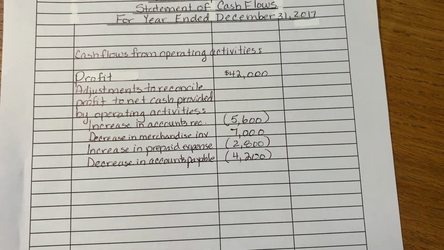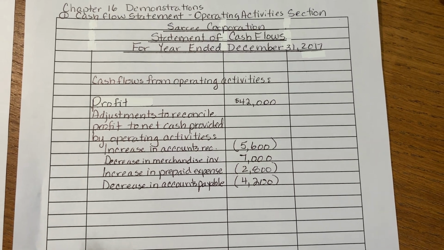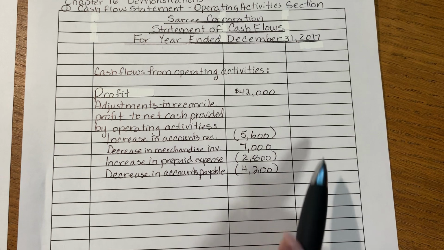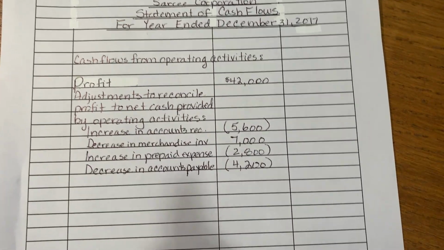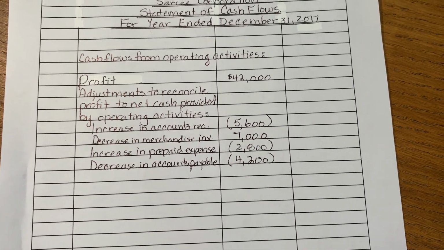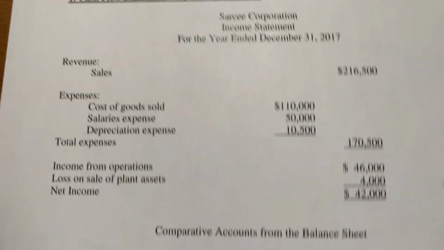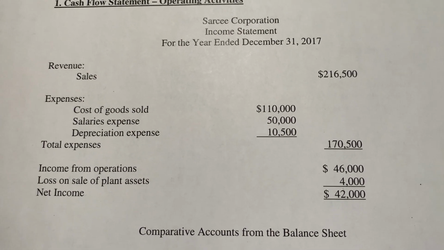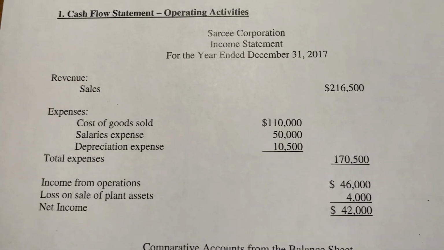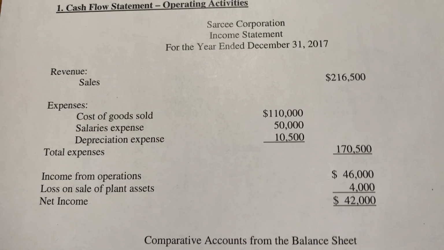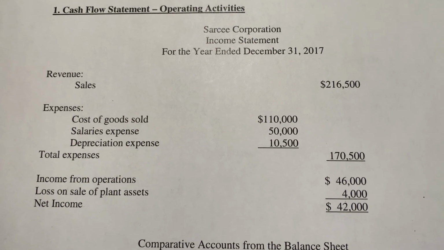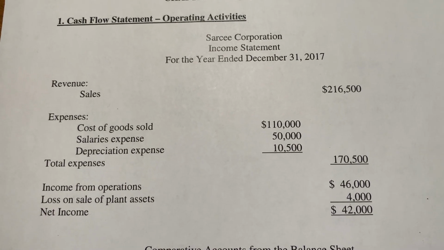Okay, if you have read the notes on the operating activity section of the cash flow statement, you'll know that there are some other things that get included in the operating activities. One of them is your depreciation expense. Depreciation expense comes from your income statement. Now, we have to adjust our cash flow statement for all non-cash items. Depreciation is a non-cash item. If you remember, depreciation is simply an adjusting entry. There's no cash that changes hands there, nothing to do with cash.